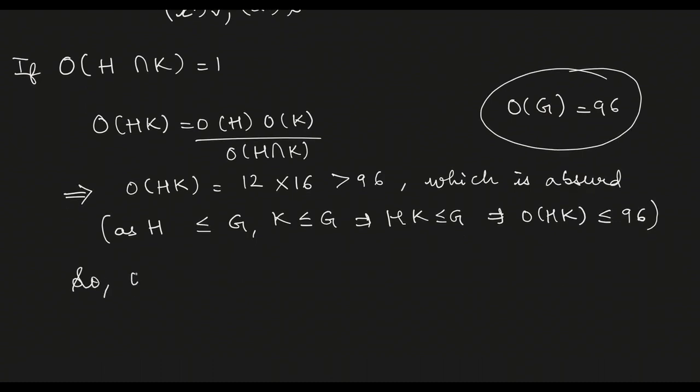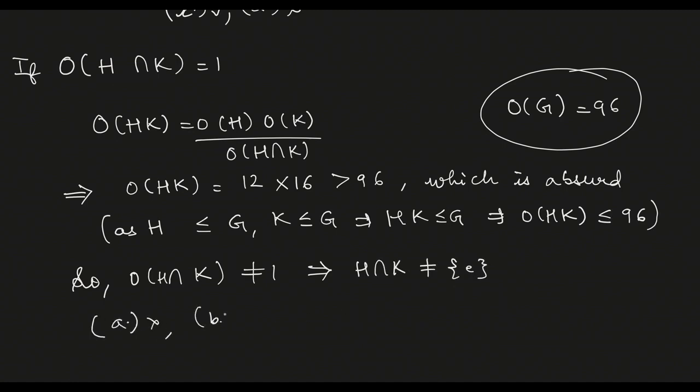So the order of H intersection K cannot be 1. This means that H intersection K is not identity. So option A is wrong, option B is correct. So the answer is option B, C.